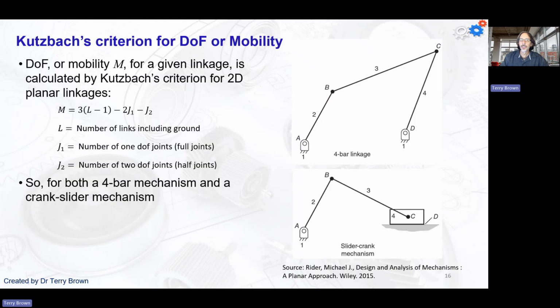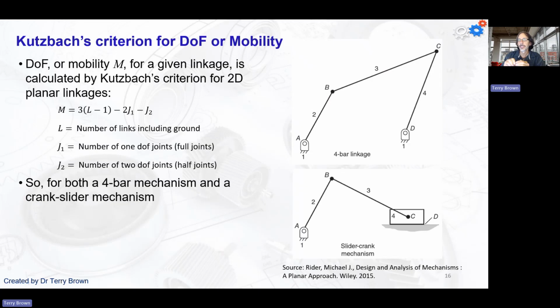So in analyzing and designing mechanisms, we have a way of working that out without building physical models like I've got in my hand here, or like I've got in my SOLIDWORKS sketch, and that is to use, firstly, Kutzbach's criterion, and this is simplified for 2D planar linkages. There is a Kutzbach's criterion for 3-dimensional linkages, but we're just going to look at the 2D in this lecture.